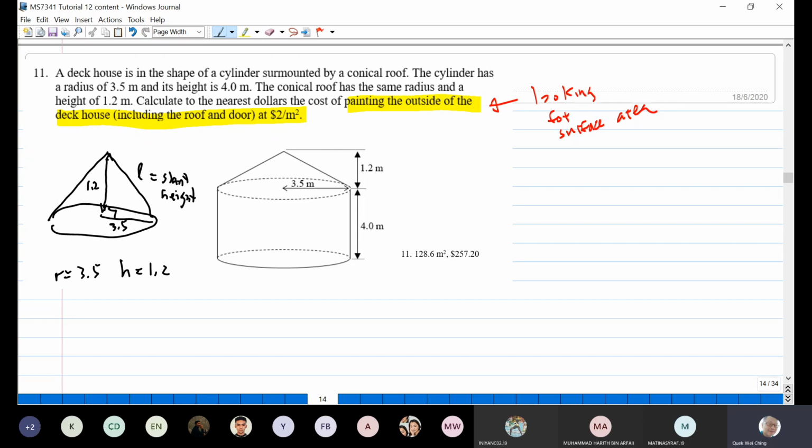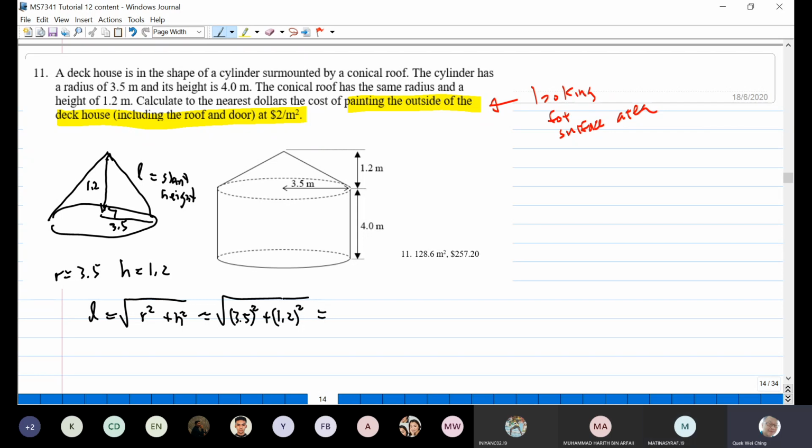Okay, so let's calculate the slant height first, then you can find the curved surface area, right? So slant height is equal to, right angle triangle here, square root of r squared plus a squared, which is equal to 3.5 squared plus 1.2 squared.